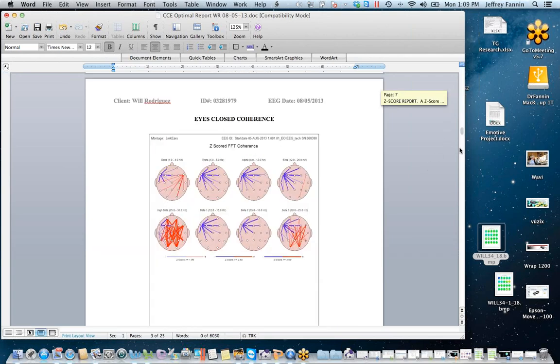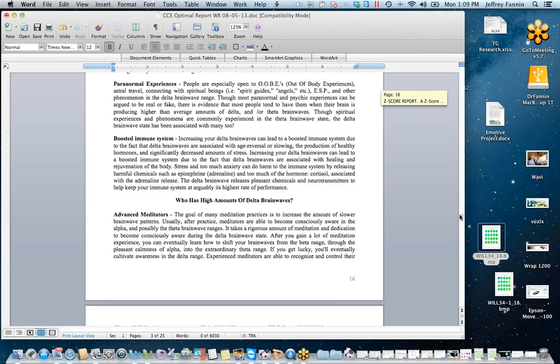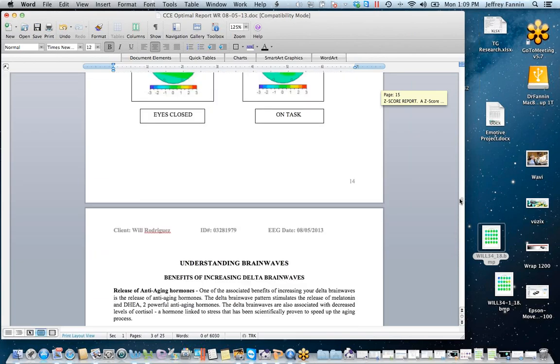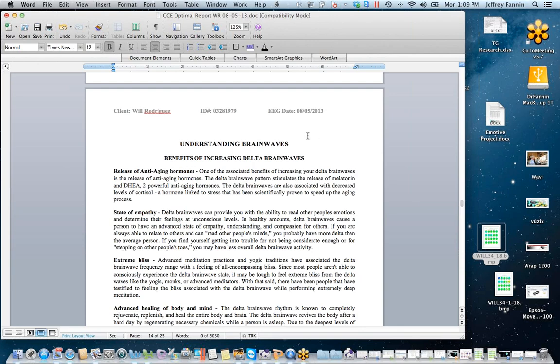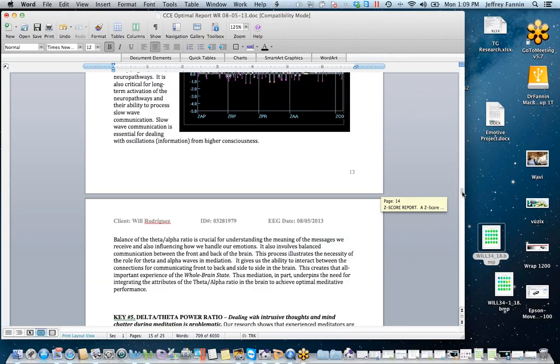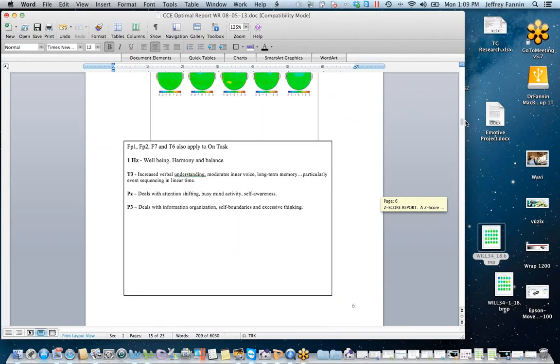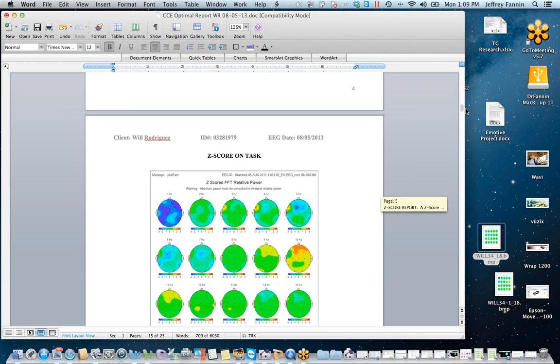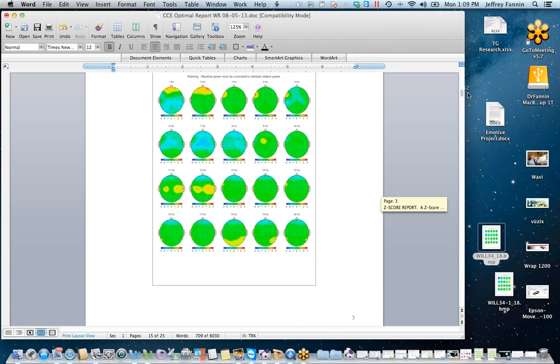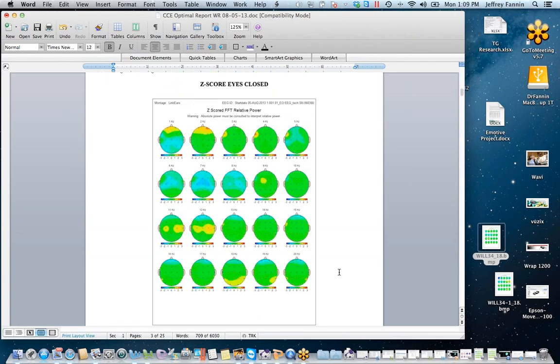What I've got down here at the end of your report is 12 pages I wrote on understanding brainwaves: what happens in delta, theta, alpha, all the way up through gamma. You can read that, and it'll help you understand what those brainwaves do and why they do them.